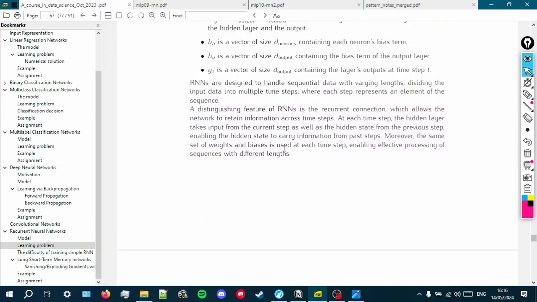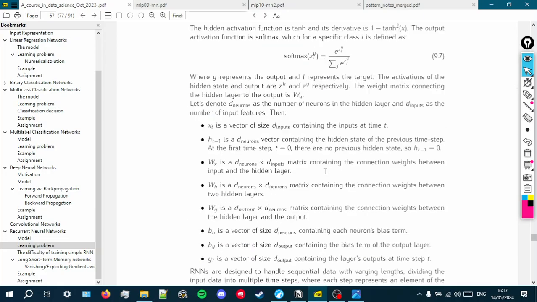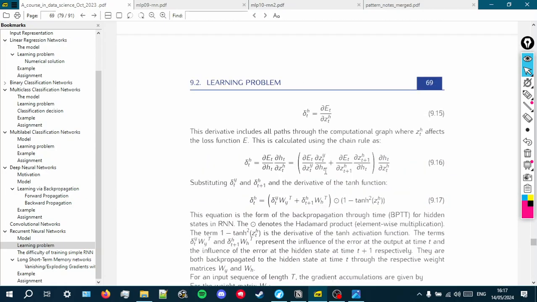If we go back to zy, zy with respect to h of t, we're left with Wy. And obviously the bias is not going to be there, it's just going to be a constant. So that is why we have delta y times Wy. And same thing here, we're going to have delta h of t plus 1 times Wh.